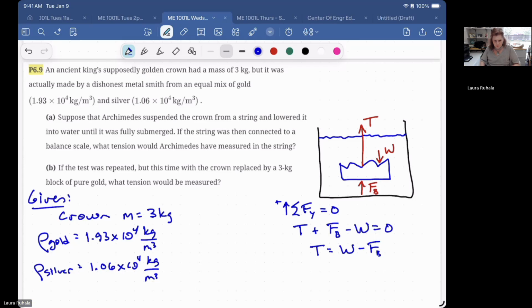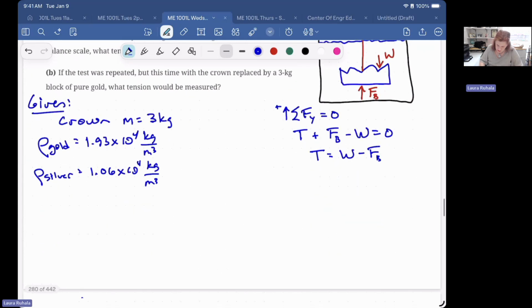Okay. So what is the buoyancy force? In the textbook, and this was in the slide, we saw that the buoyancy force is equal to the density of the fluid times gravity times the volume of the object.